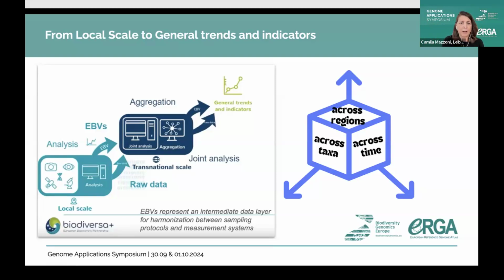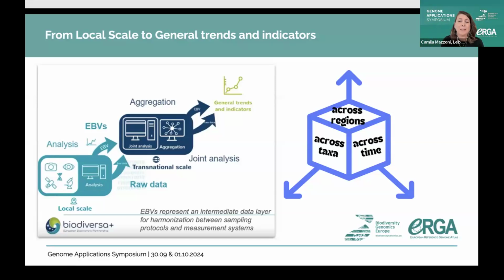So these essential variables then represent an intermediate level or data layer for harmonization between sampling protocols and measurement systems. So whatever the raw data that we generate at a local scale, with the analysis, all the way to general trends and indicators that the politicians, the policymakers understand.